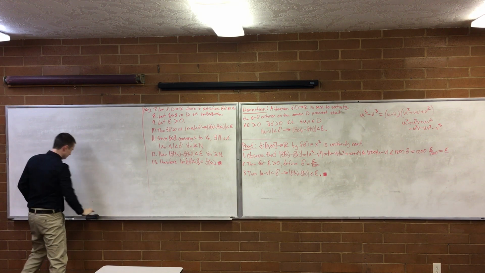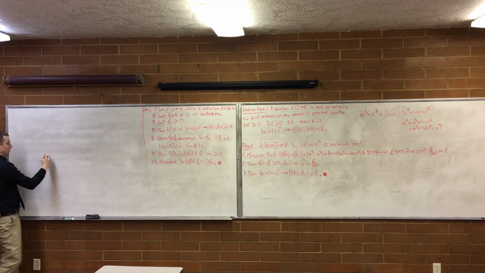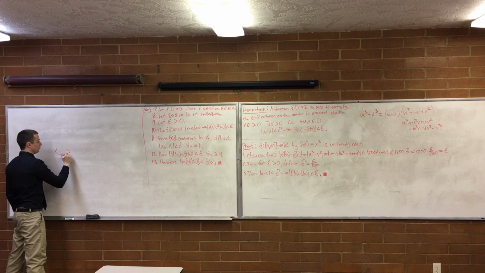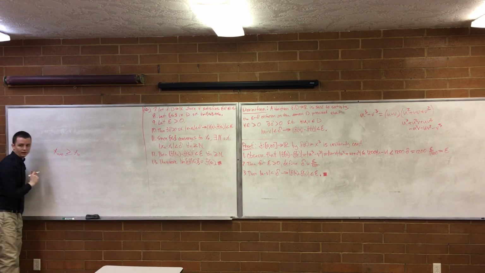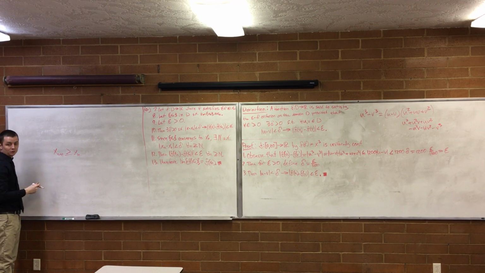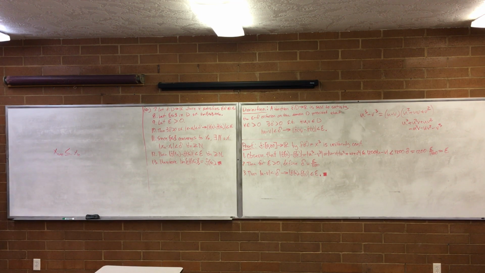It was monotonically increasing if x of n plus 1 is always greater than or equal to x of n, right? The next term is always greater than or equal to the previous term. And monotonically decreasing was the reverse.